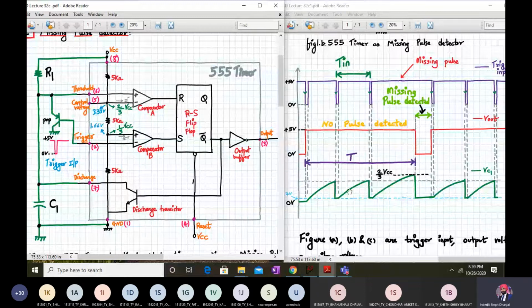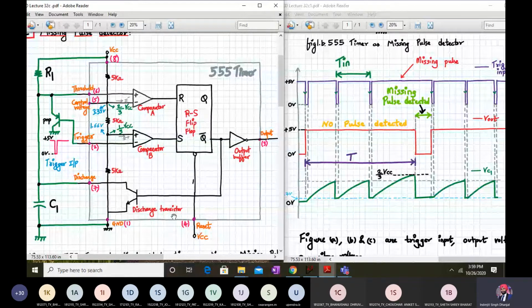It will not. As soon as it starts charging, the next trigger pulse comes. So it was about to reach 2/3 VCC, but somehow the next trigger pulse has been applied. The output is still high, which means my Q bar is 0.